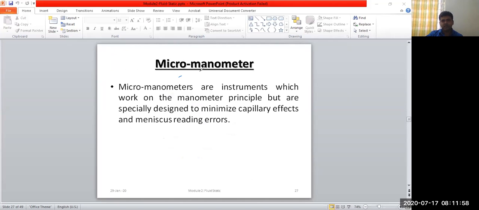This is also an instrument that works on the principle of the manometer, but it is especially designed to minimize the capillary effects and meniscus reading errors, so that the reading should be more accurate. So this is the micromanometer.